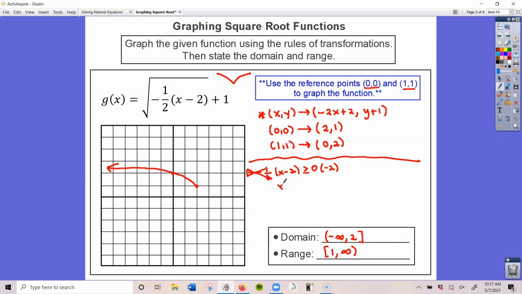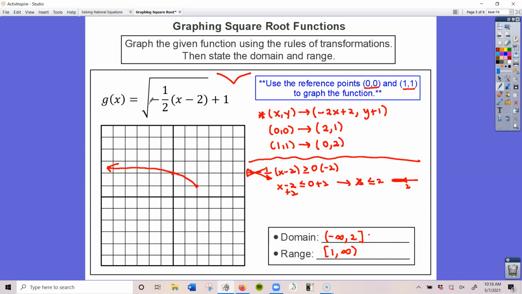And that would give me x minus 2 is less than or equal to 0, since I multiplied a negative that changes my inequality direction, and then add 2. So I get that x is less than or equal to 2, which if you put that on your number line, the 2 is included and it's everything to the left, which matches my domain here.